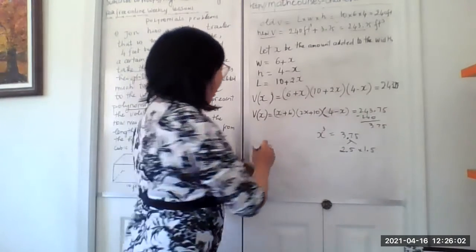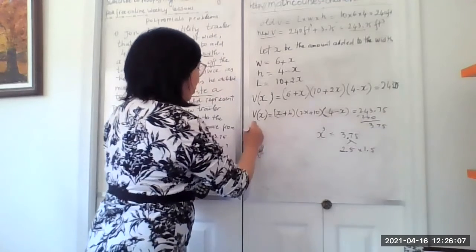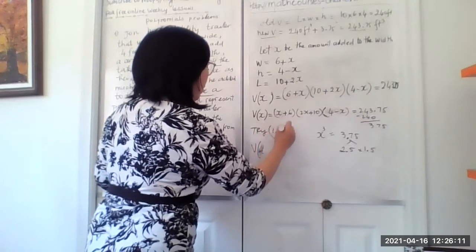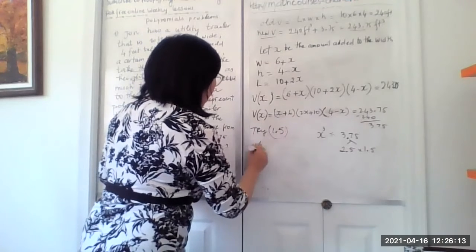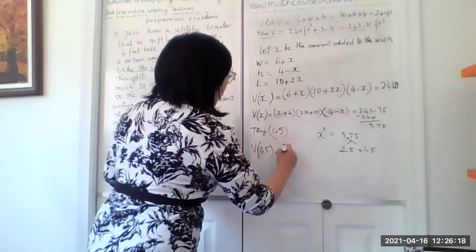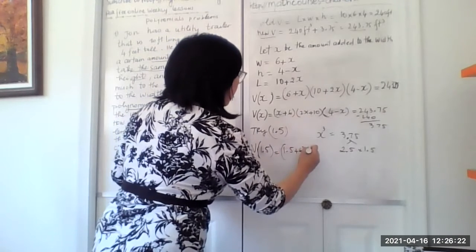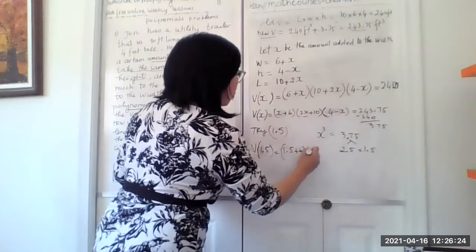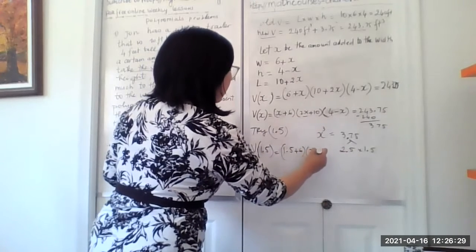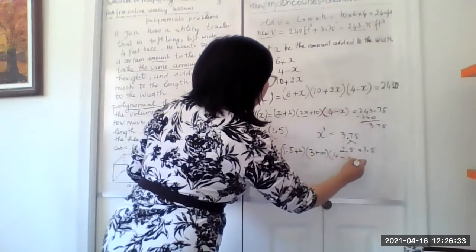So let's do that first so that it's easier. I'm going to try, and I'm going to substitute the small number first: try 1.5. So V of 1.5 will be equal to 1.5 plus 6 times 2 times 1.5, which is 3, twice, adding 10, times 4 minus 1.5.